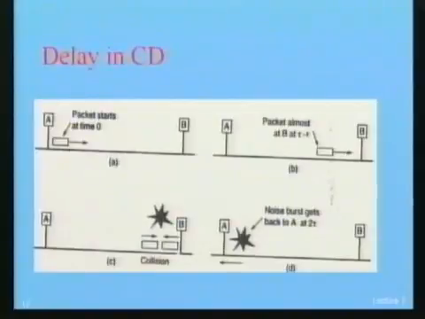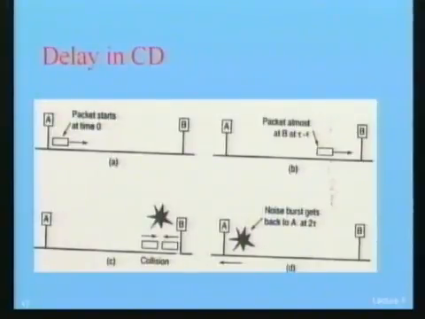Then we talked about the length of the slots and how it relates to detection of a collision. It takes about twice the maximum propagation time to find out that you have a collision in the worst case.